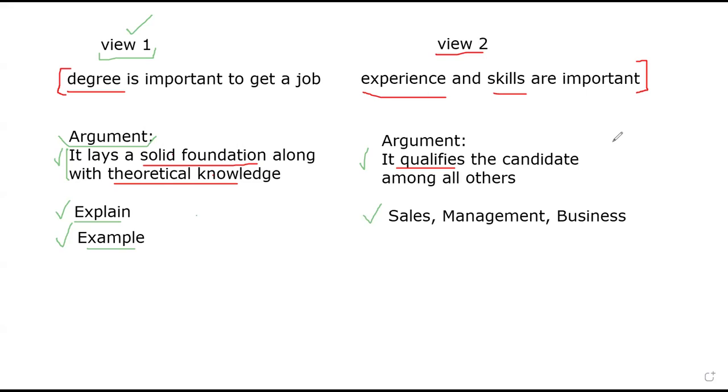So if you're a doctor, you need more theory, and it spells theory. So I will text it in the chat. And the importance of degree, theoretical knowledge to be a doctor. Okay, yeah.